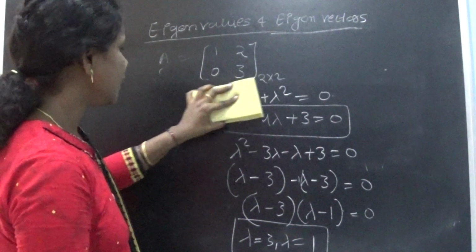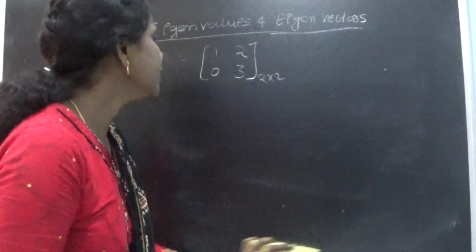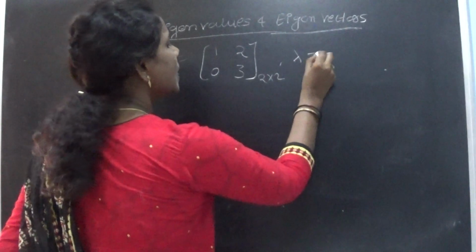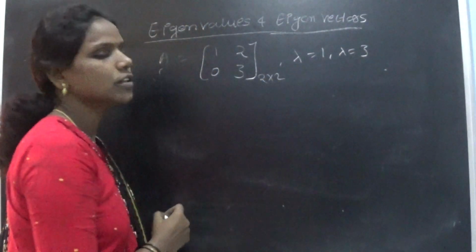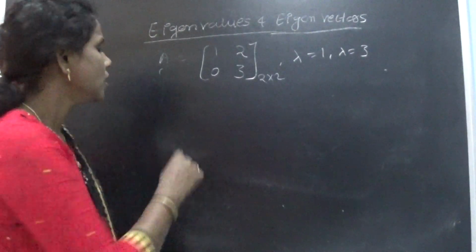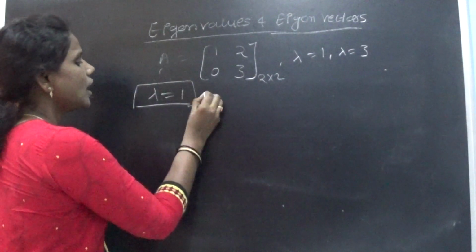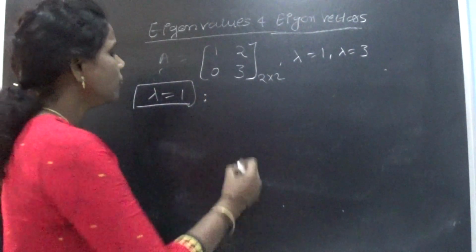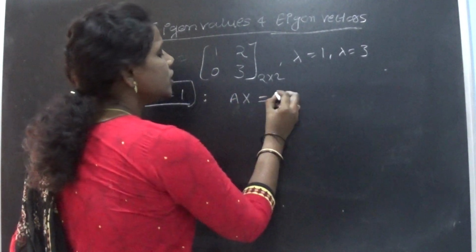For this matrix we got lambda equals 3 and lambda equals 1. I will write here the eigenvalues for this matrix: lambda equals 1 and lambda equals 3, 2 eigenvalues. For each and every eigenvalue we can get eigenvectors. For lambda equals 1, I want to find the eigenvector. For that, what is the definition of an eigenvector? Which equation is satisfied?